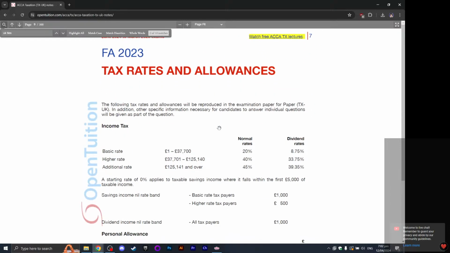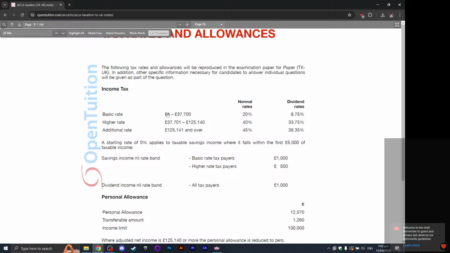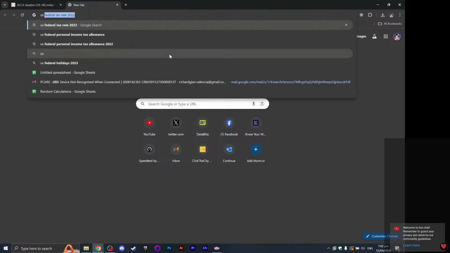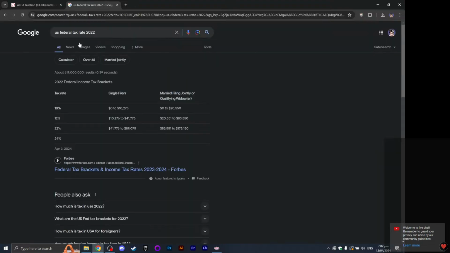Okay, so I already showed the tax rate for the US. So this is the thing for the UK. This is the basic tax rate at 20%. And this is the dividend higher tax rate, 40%. Additional tax rate 45%. What was it in the US? 10%.